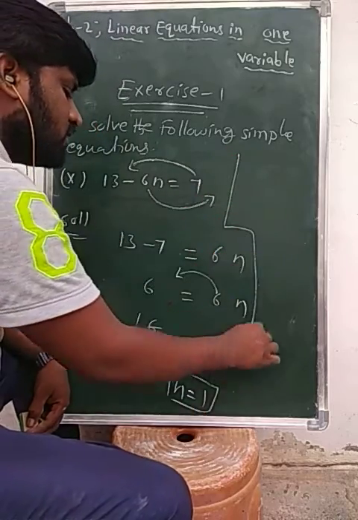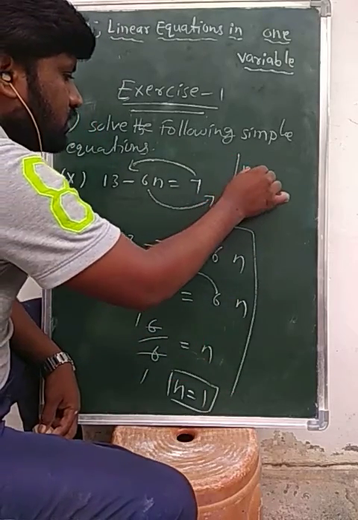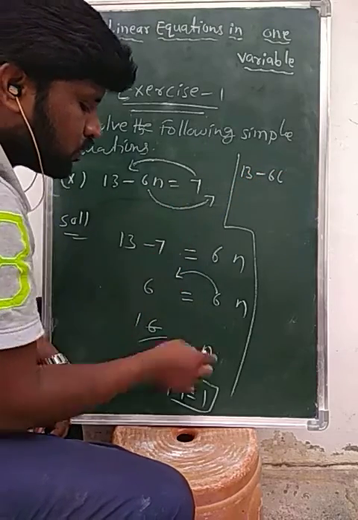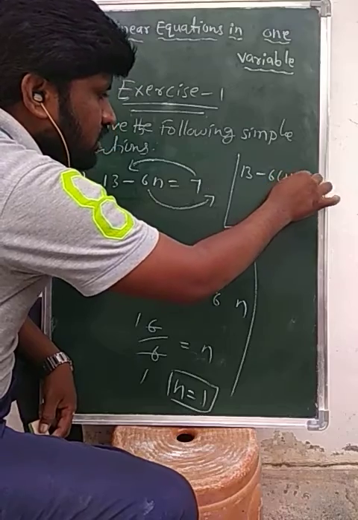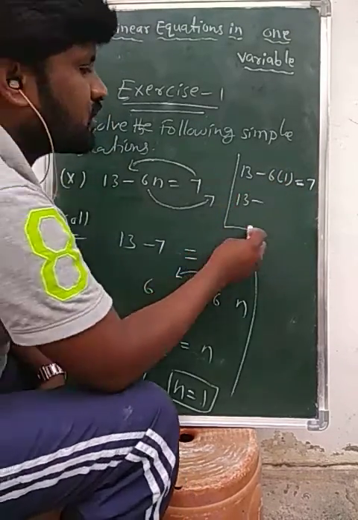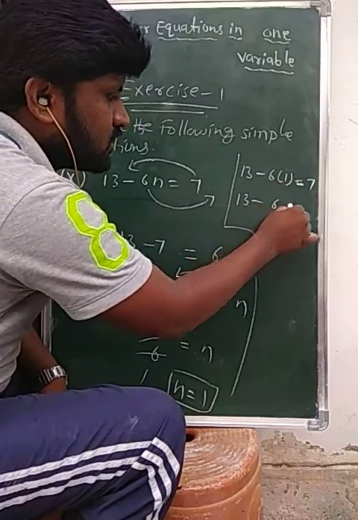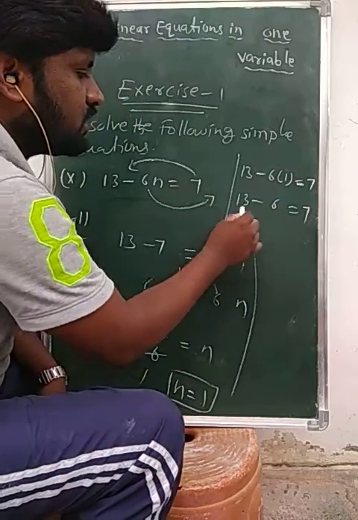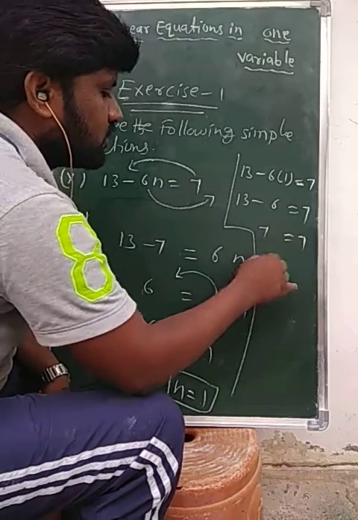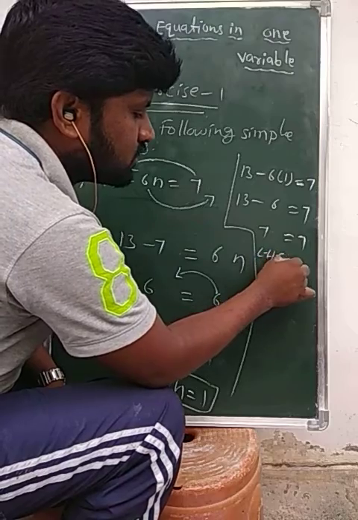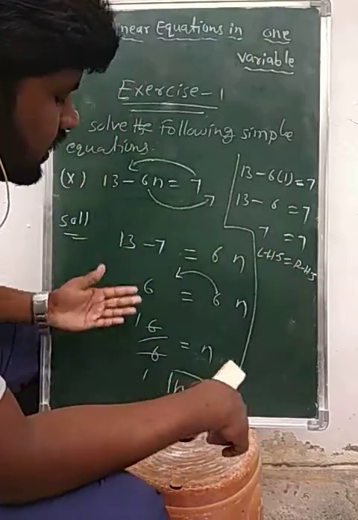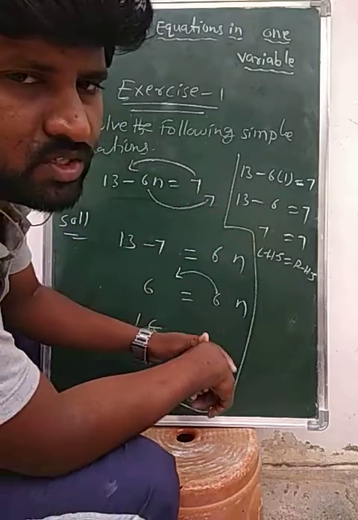Let us go for the verification. 13 minus 6 of, in the place of n I am going to write 1, equals the RHS part 7. 13 minus 6 1s are 6 equals 7. 13 minus 6, that is 7, equals 7. Clearly LHS equals RHS. This is the required answer and this is the required verification.